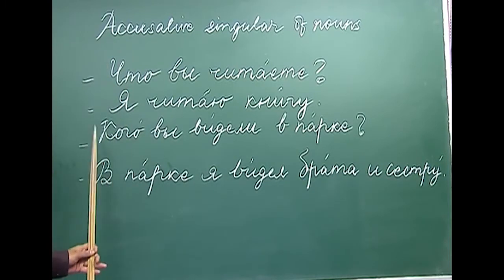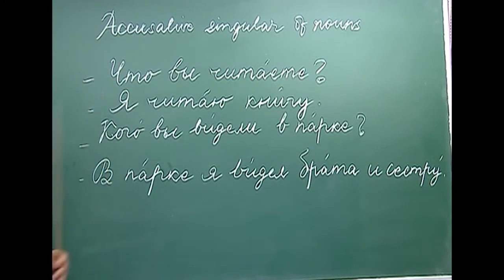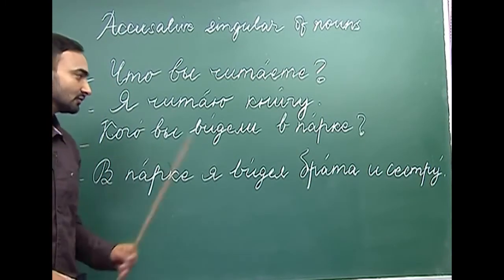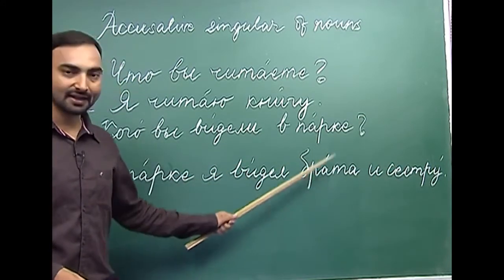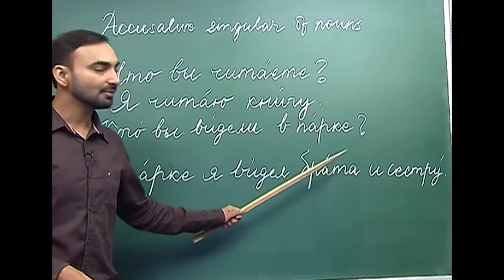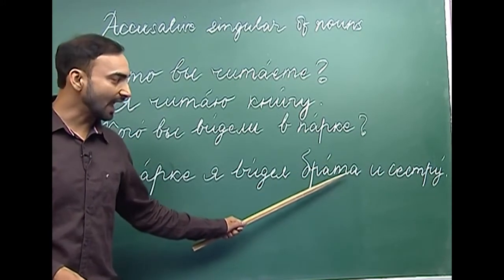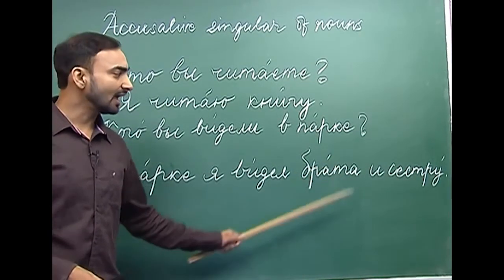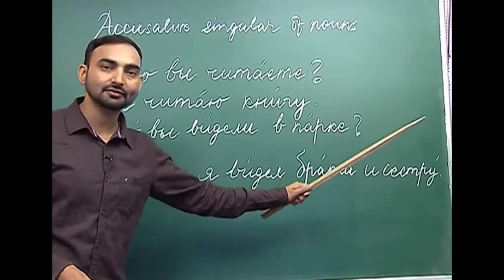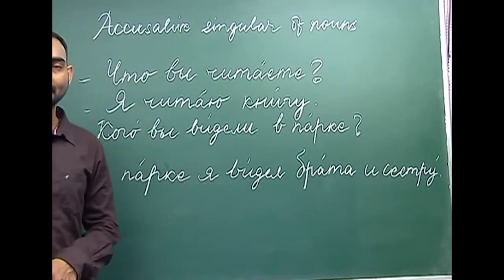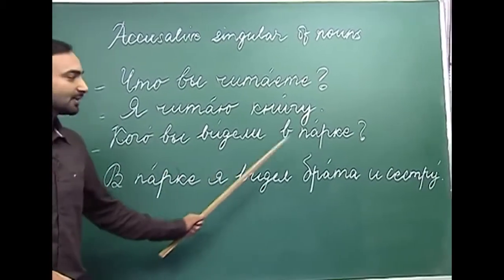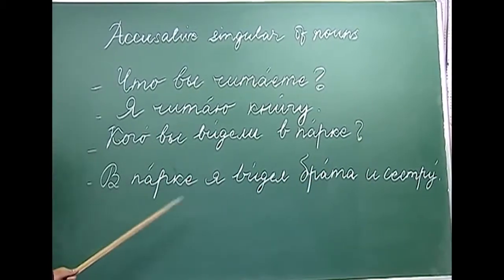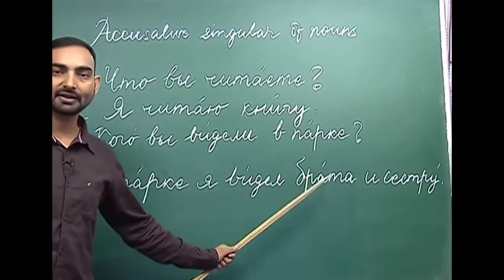Because the question is кого. Кого denotes an animate noun, брат and сестра. Here брат has changed to брата. We have added а at the end and сестра has become сестру. So, а has been replaced with у. В парке я видел брата и сестру. In the park I saw a brother and a sister.